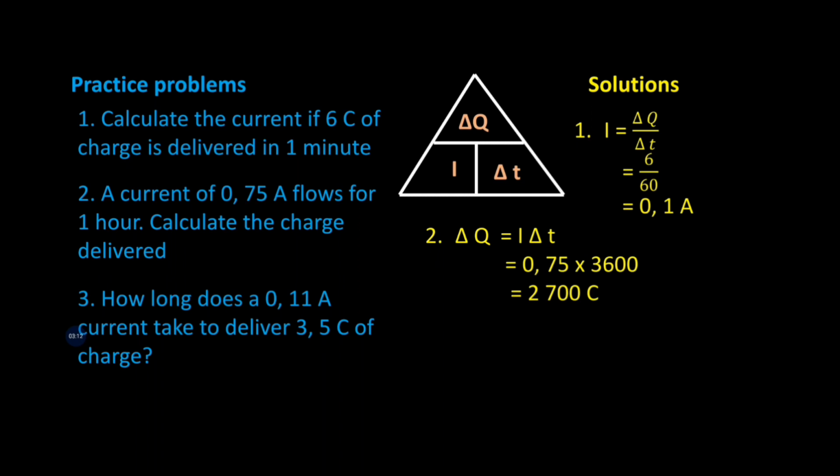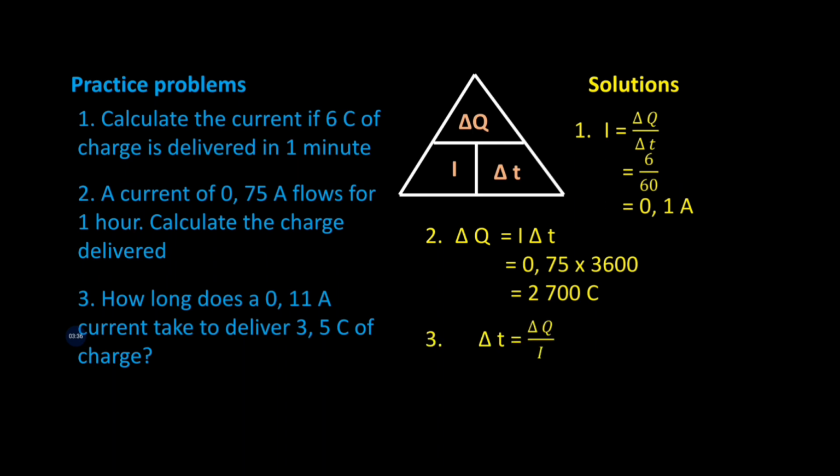Number 3, we want to calculate the time. Again, using the triangle, we can see that delta T is the ratio of the charge to the current. In other words, delta T equals delta Q divided by the current.